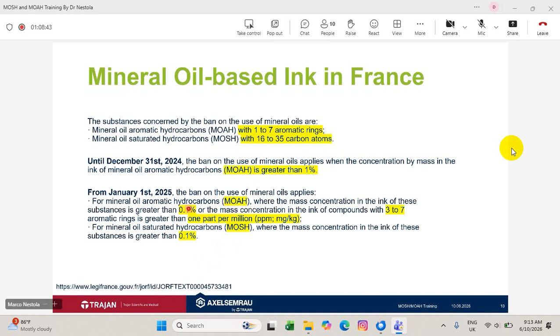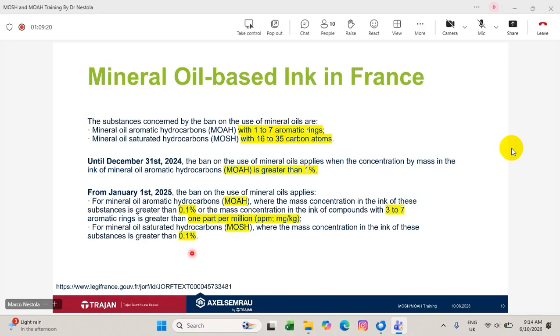We are now in this statement here, which means every ink that has either more than 0.1%, or, when you are able to analyze only 3 to 7 ring PAHs or MOAH, only 1 ppm, so 1 milligram per kilogram, and also MOSH must not be more than 0.1%, is not allowed to be sold anymore in France and also not to be imported. When we talk about the last sentence, mineral oil saturated hydrocarbons must not exceed 0.1%, this basically bans all mineral oil inks.